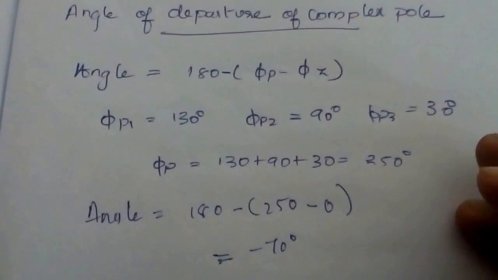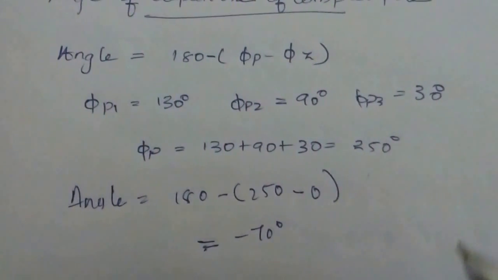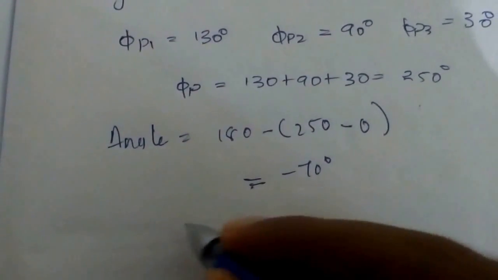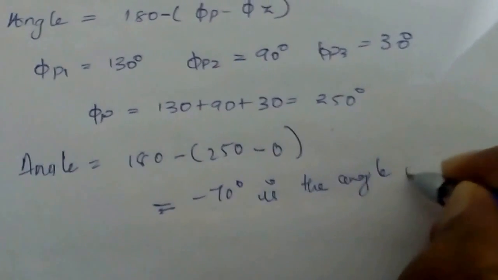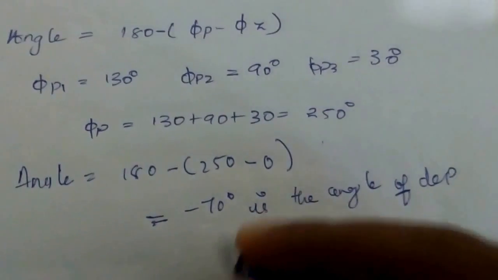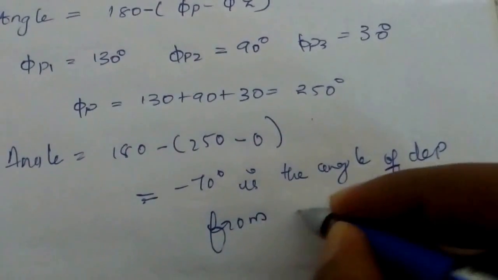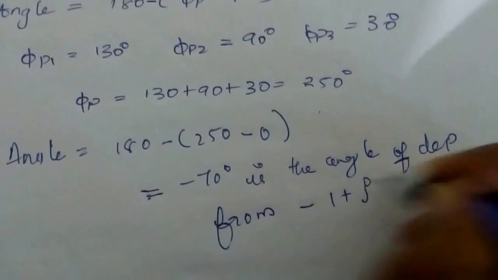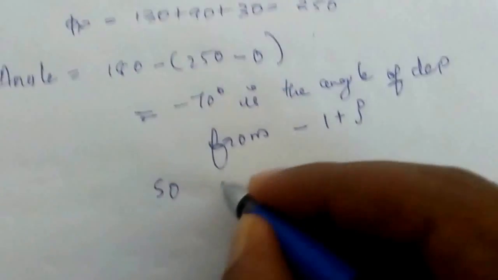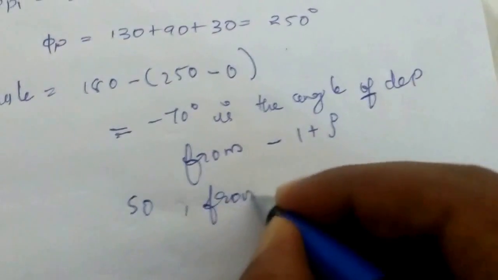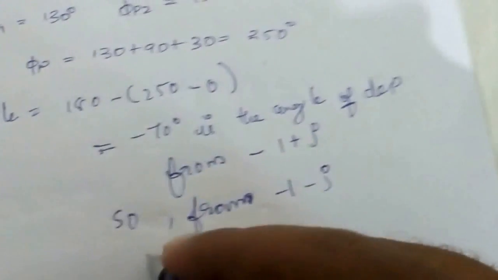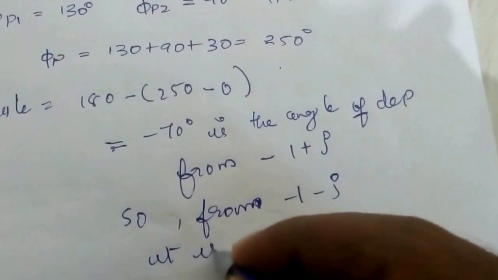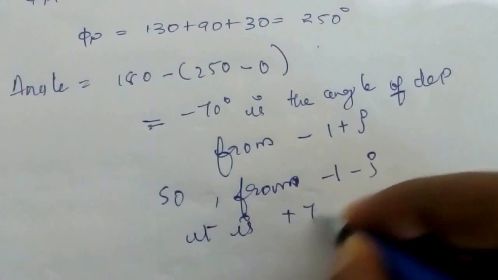Okay, I'm sorry, what we have found now is the angle of departure of the complex pole, that is minus 1 plus j, from minus 1 plus j. And from minus 1 minus j, it is 70 degrees.